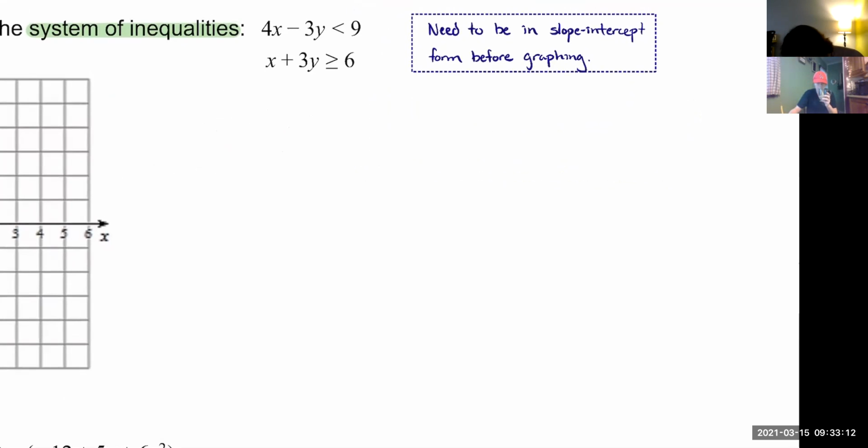So what I'm going to do here, just because we're going to need some space, because unfortunately, neither one of them are in slope-intercept form, is I'm going to copy them down here below, giving me plenty of space to work with. So the top one, I'm going to write down first, 4x minus 3y is less than 9. And then over here to the right, I'm going to write 1x plus 3y is greater than or equal to 6.